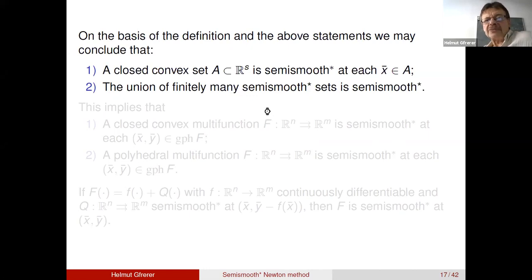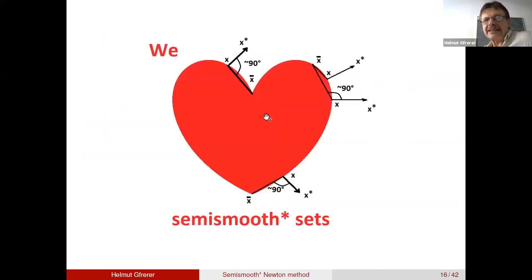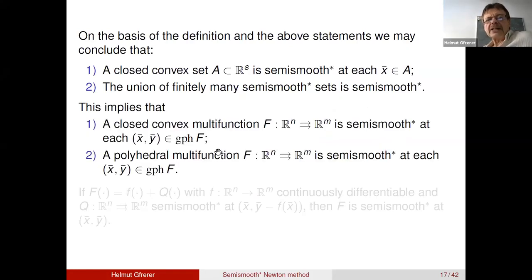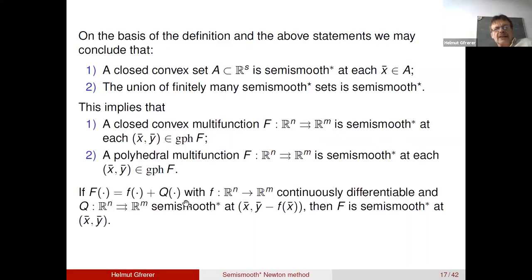On this basis, we can also say immediately that this heart is semismooth star because it is the union of two convex sets. This implies, of course, that every closed convex multifunction is semismooth star, and polyhedral multifunctions are semismooth star. Further, the sum of a smooth mapping and a semismooth star mapping is again semismooth star.